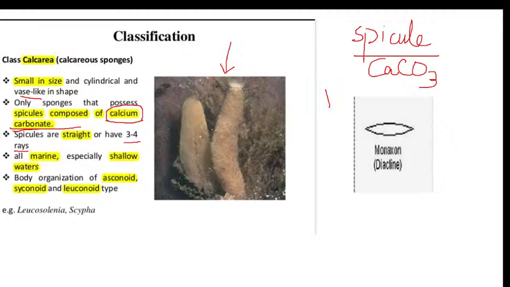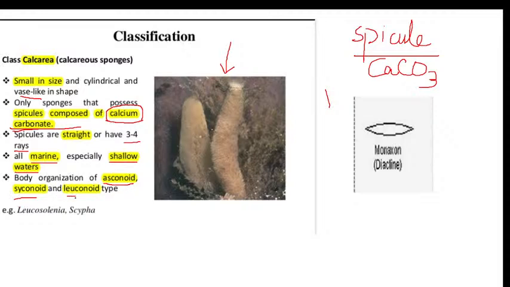All the sponges which come under this class Calcarea are marine and they are especially found in shallow waters. And the body organization of the canal system is asconoid type, sycon or even leuconoid type.